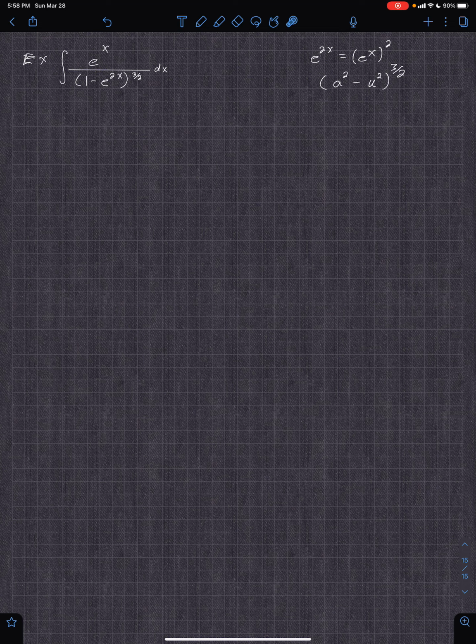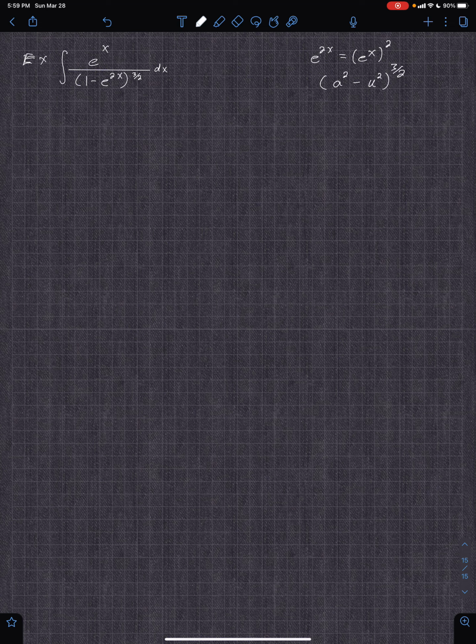And so you can use different tables, and you'll be able to use any table. The real point is not the tables. It's just if you have the formula, how to set it up. So copy this down because I'm going to have to go to the formula table, and I'll show you what you do. You kind of know the form, and then you want to look for that 3 halves thing.